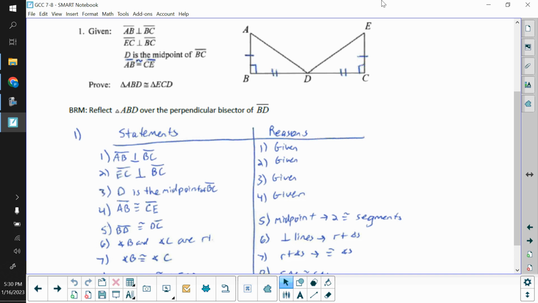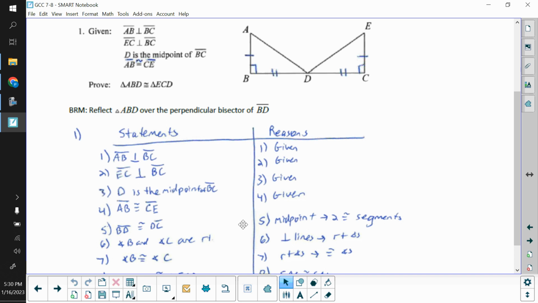We also had, I should mention, a given that was congruent, so I already had that marked up in my picture, AB and EC. So at that point, I had two sides, so then I did perpendicular lines imply right angles. The right angles are coming from the perpendicular lines that meet at B and C, so I said angle B and C are a right angle.